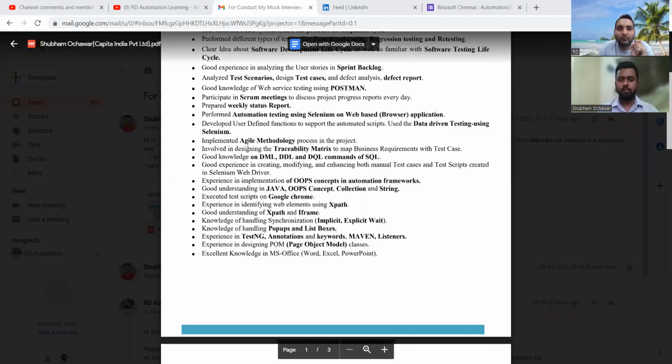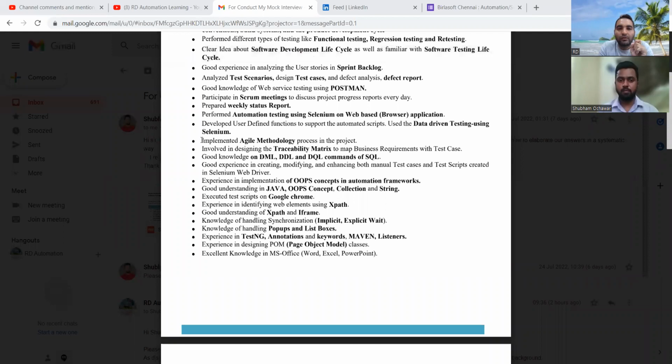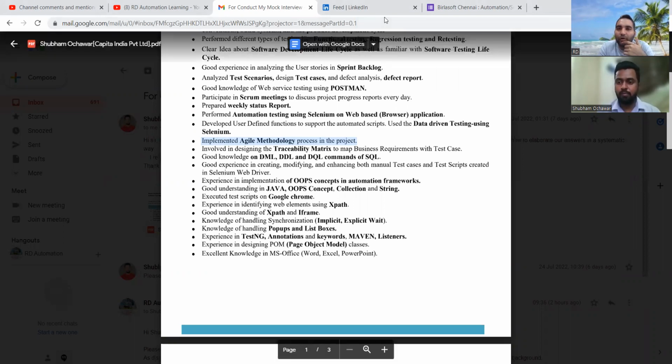Yes. Let me share my screen. Okay. So over here you have mentioned implemented agile methodology process in the project. So earlier, which methodology was used before agile? V model. V model was used.